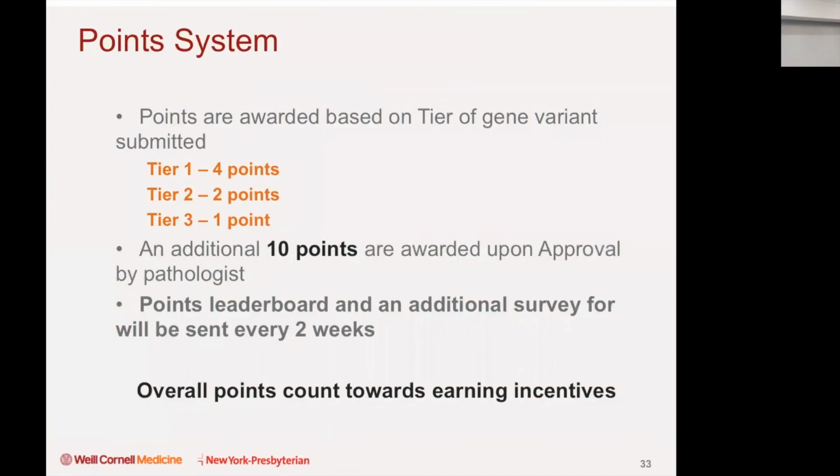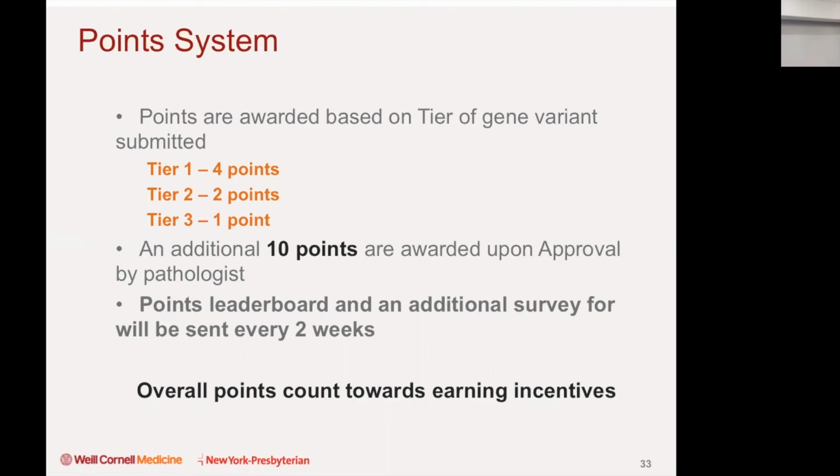Okay. After the approval process, or throughout the whole process, you guys will be getting points. What are these points? What are they good for? We'll break it down. Points are awarded based on the tier of the gene variant submitted. As Anna and Andrea have already mentioned, there are 3 tiers that we have for variants in PMKB: tier 1, tier 2, tier 3.